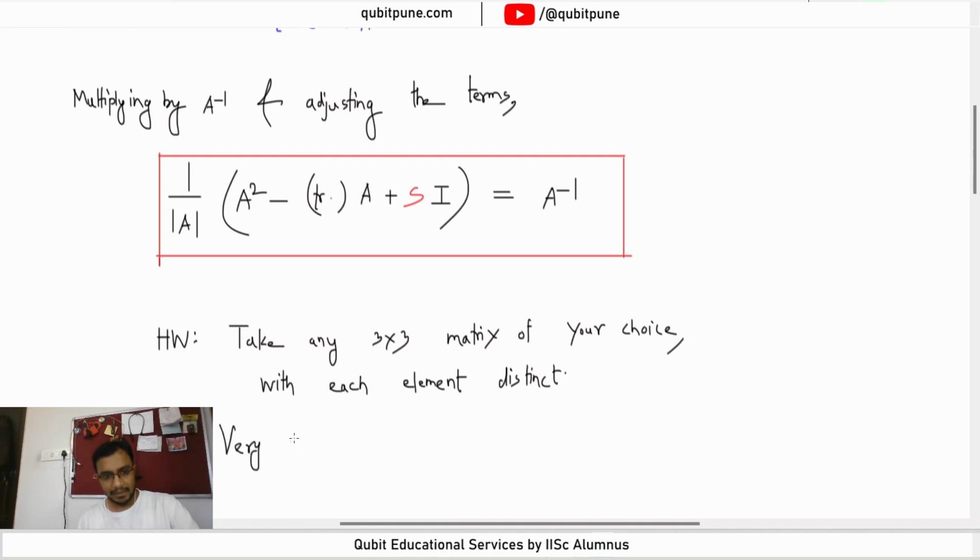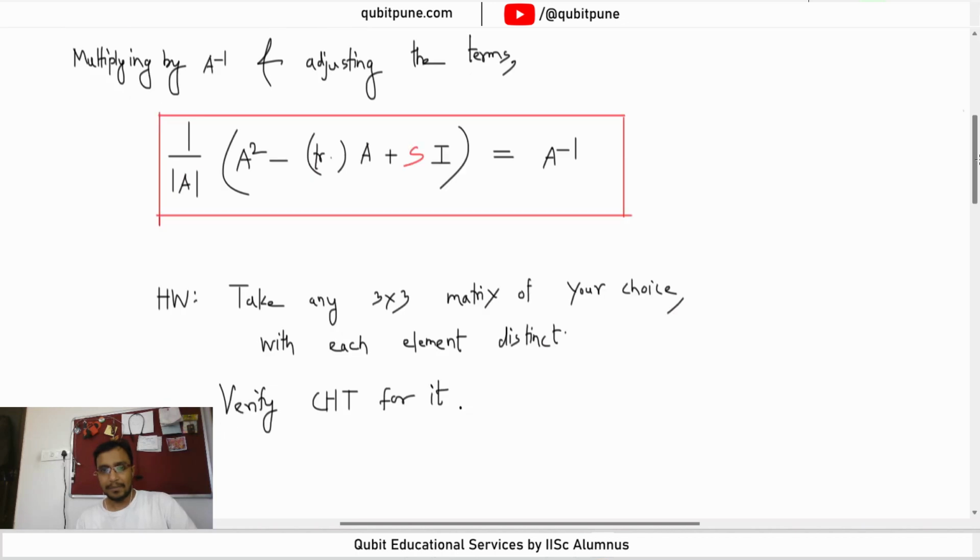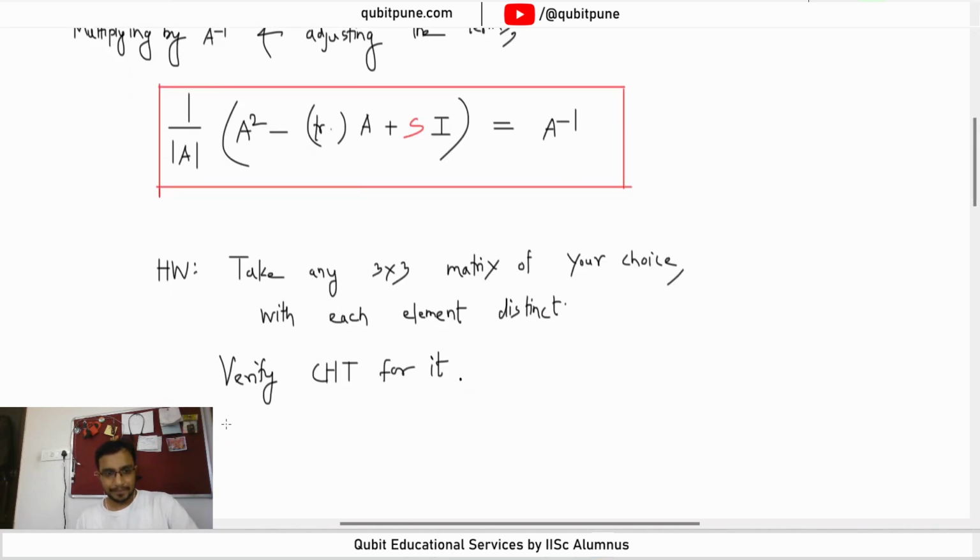Verify the Cayley-Hamilton theorem for it. So take any non-singular 3 by 3 matrix.